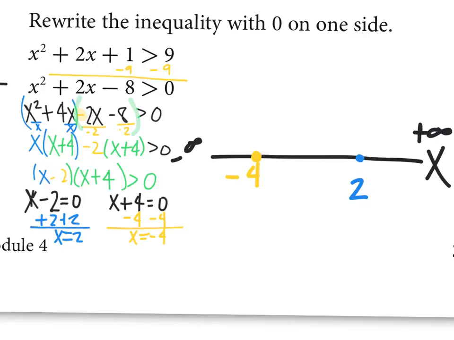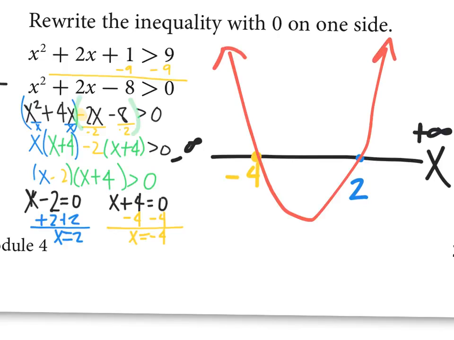Whatever the number is in front of x squared, which in this case is that 1 we were mentioning earlier, I know my graph is going to open up. So I'm going to sketch my graph, which is going to look something like this. That's pretty terrible. Is that better? It's kind of freezing up on me over here.